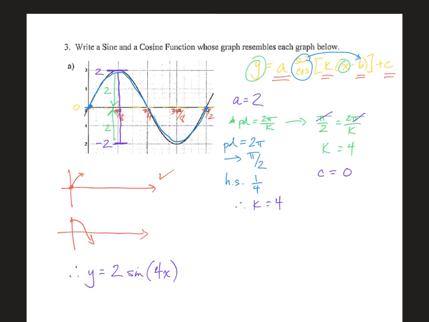Now, the instructions said I have to write an equation for both. So what I'm going to do then is create my equation now as a cos curve. So whether I choose sine or cos is going to have no bearing on the amplitude.